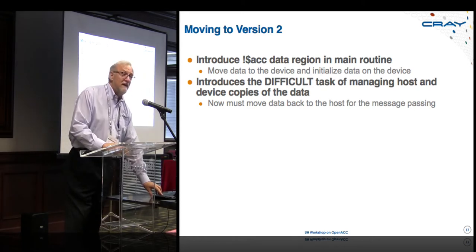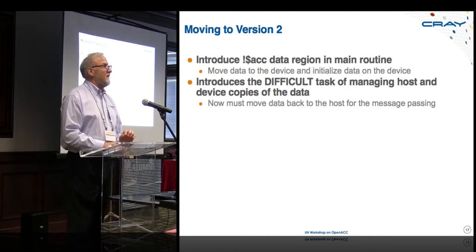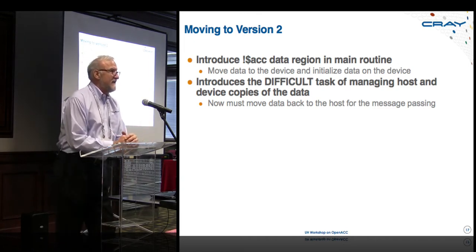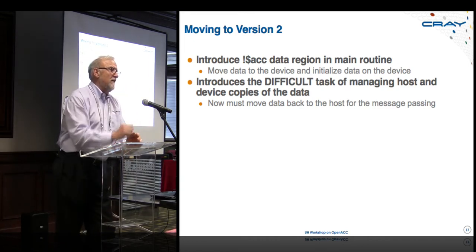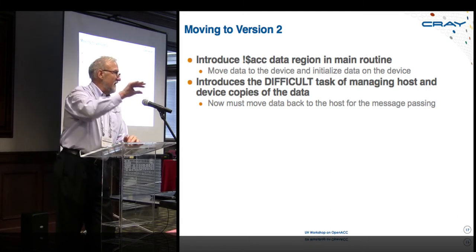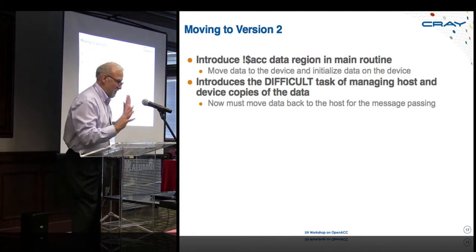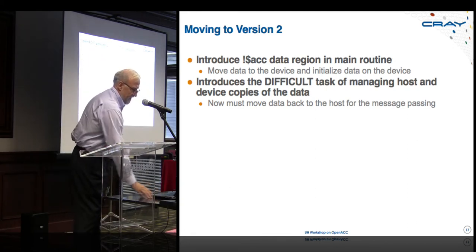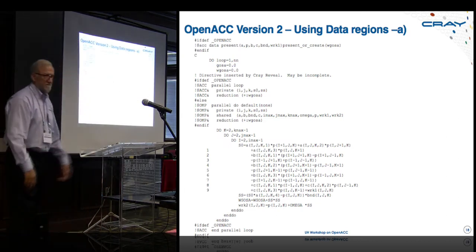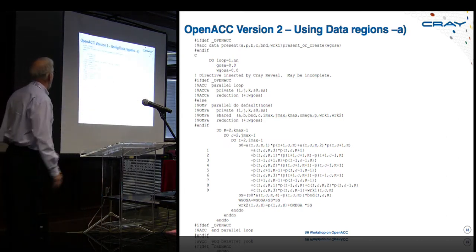Okay? Because one of the main reasons is there's not a tool that says, inside this data region, show me all the places where this array that I want to put on the accelerator is touched. Okay, that would be awesome. So, I do that analysis on this code.